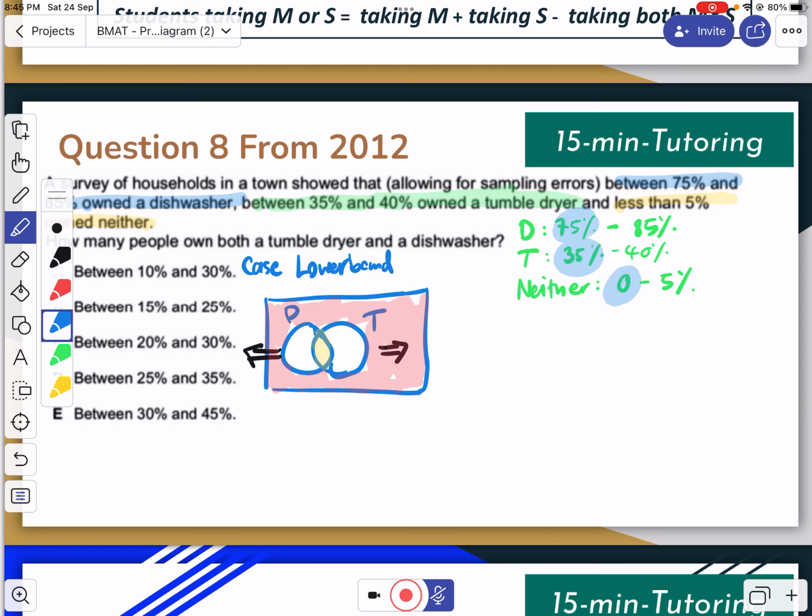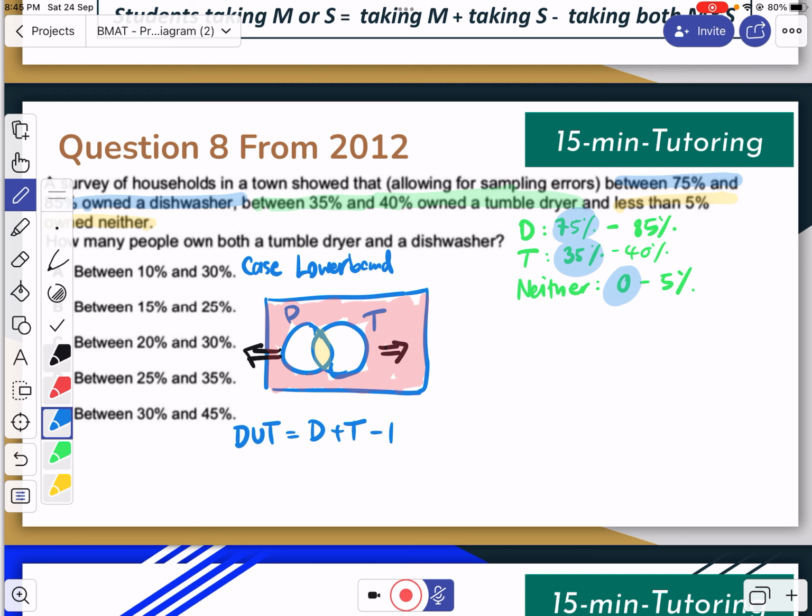Let's go with 0%. So in this case, we take the formula we talked about in the earlier slide. D union T is D plus T, and you subtract the intersecting area. D union T, well, that will be 100% minus the red area. 100 minus 0, because this is 0.